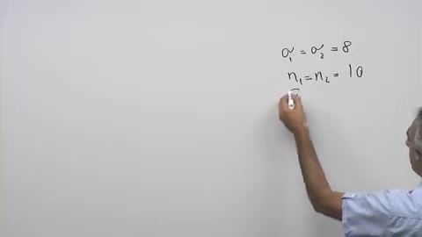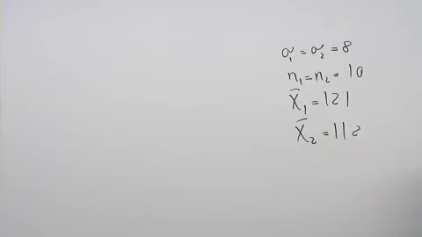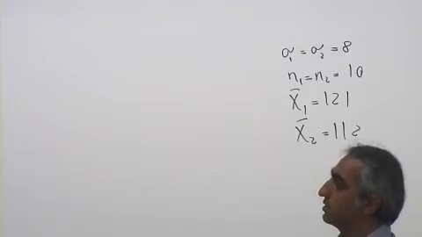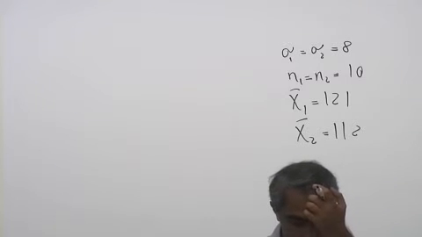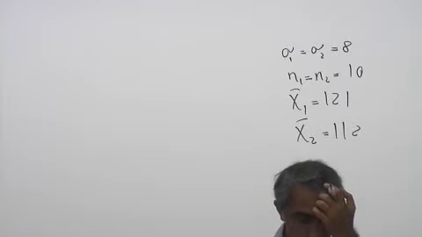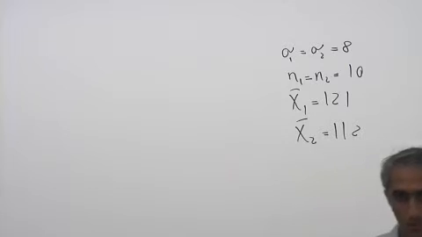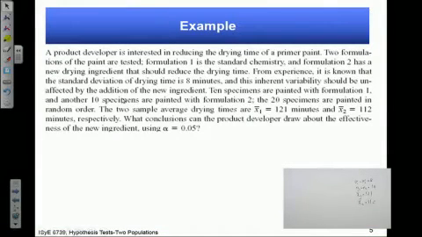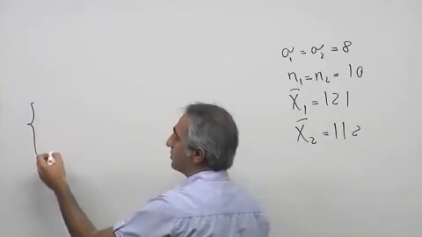We calculate x bar 1. It's 121. X bar 2 is 112. And we want to see what conclusions the product developer can draw about the effectiveness of the new ingredient. So we want to see if it is effective or not. So what does it mean when we say effectiveness? If we want to say the ingredient is effective in terms of drying time.